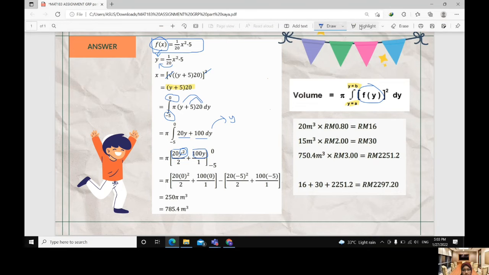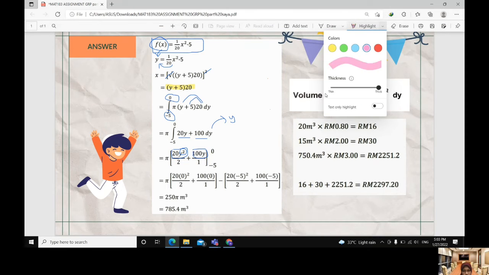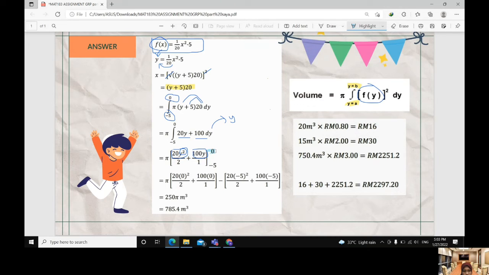Okay, next we must insert 0 and negative 5 in this equation. Then we must subtract. So it will become like this and this. After we calculate it, we will get this as 0 and we will get this as 250.